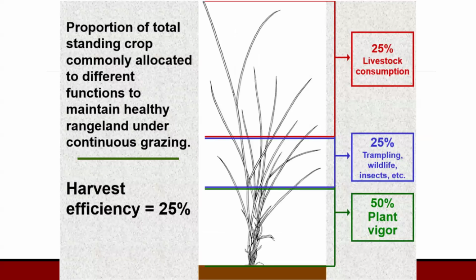Okay, seen this figure before, but it just kind of paints the picture of the 100% of forage that's available above ground. Okay, what percent is going to be consumed by the livestock? So that's harvesting efficiency.